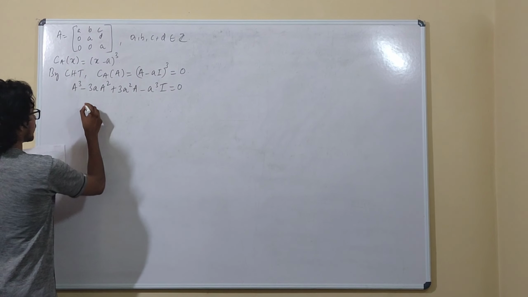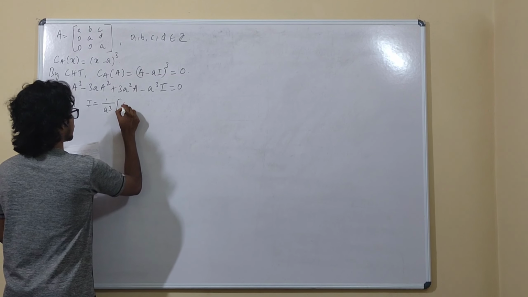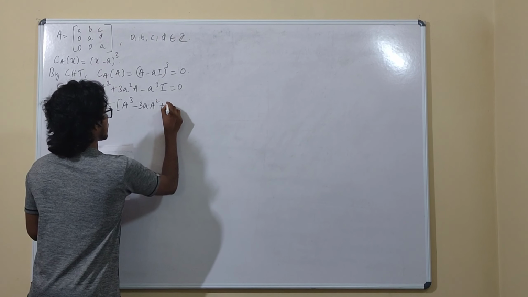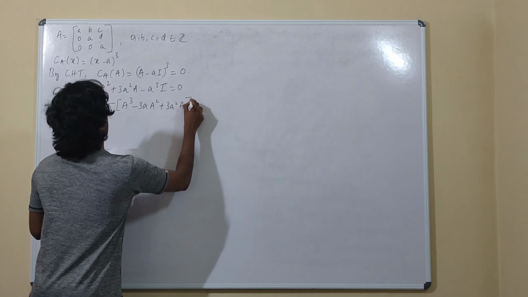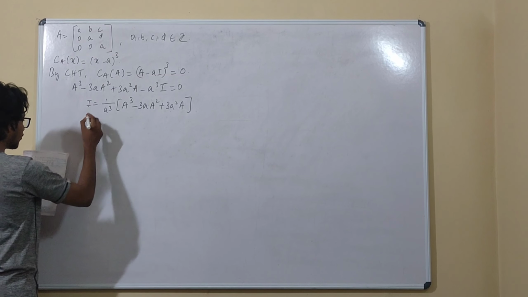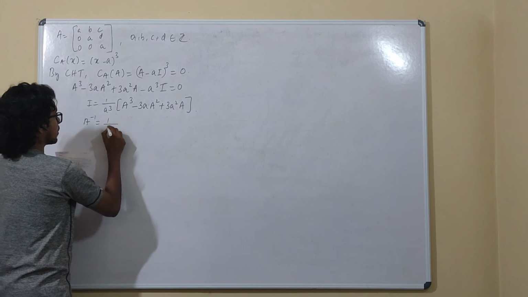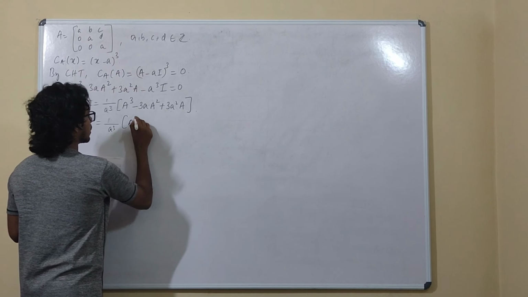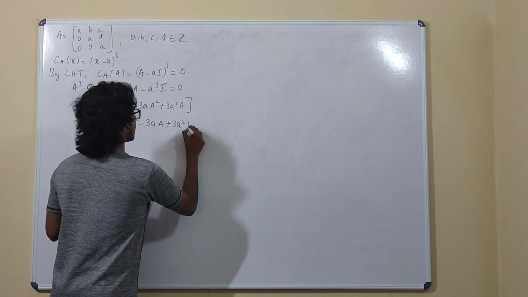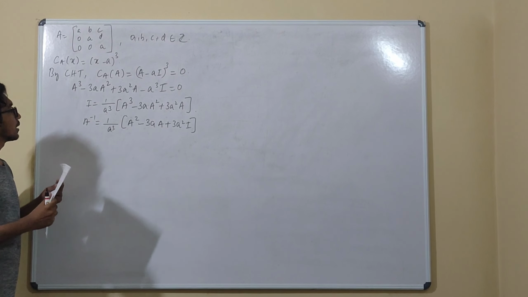So from this, the identity matrix is 1 upon a cube times (A cube minus 3aA squared plus 3a squared A). If you multiply A inverse on both sides, you would get A inverse equals 1 upon a cube times (A squared minus 3aA plus 3a squared I). So this is what we are going to get.